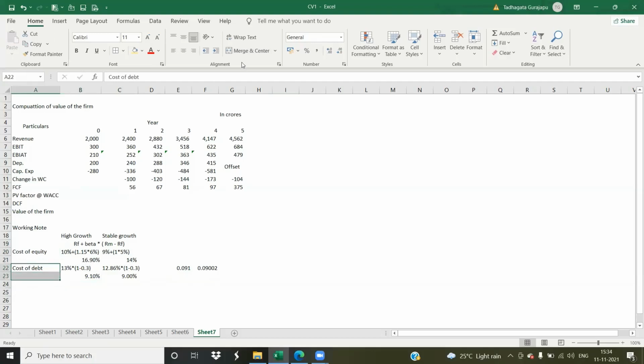Now let's find out weighted average cost of capital. For that we require weights, or rather let me say debt equity ratio. What's the debt equity ratio? 1:1, 2:3.